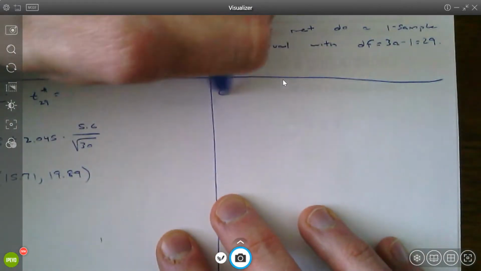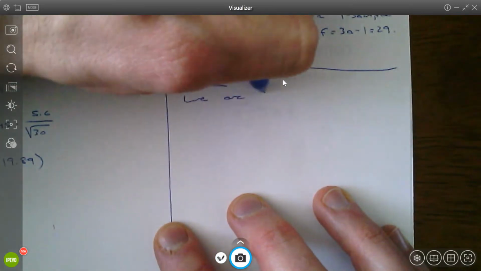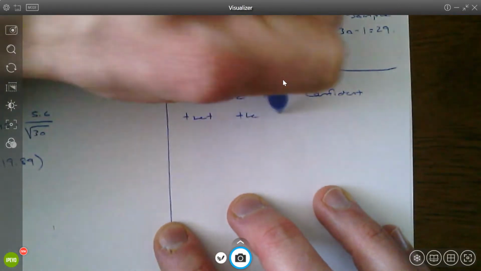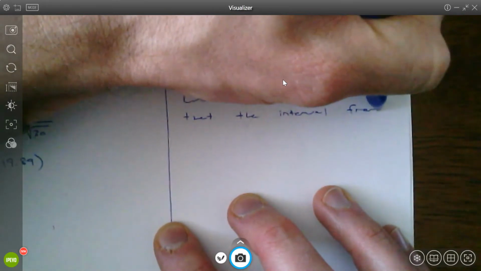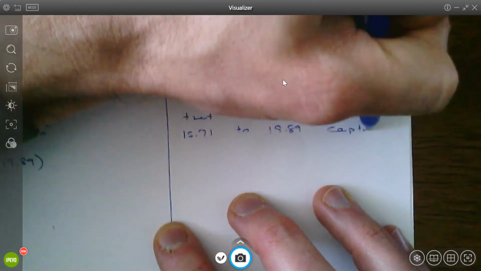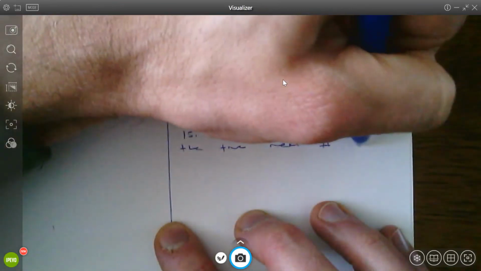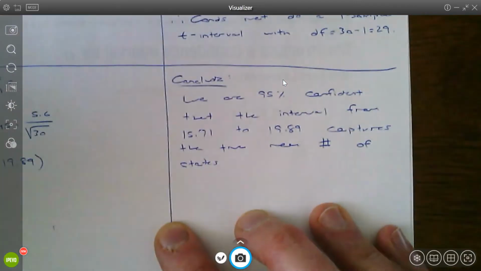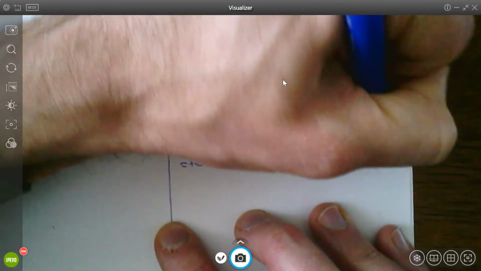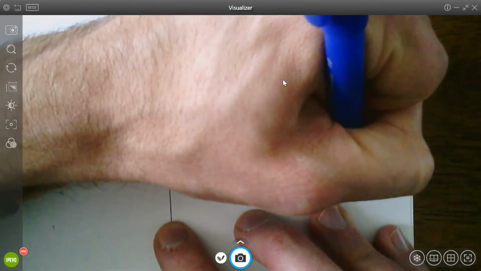And now we're on to conclude. So we are 95% confident that the interval from 15.71 to 19.89 captures the true mean number of states RH upperclassmen can name in 1 minute.